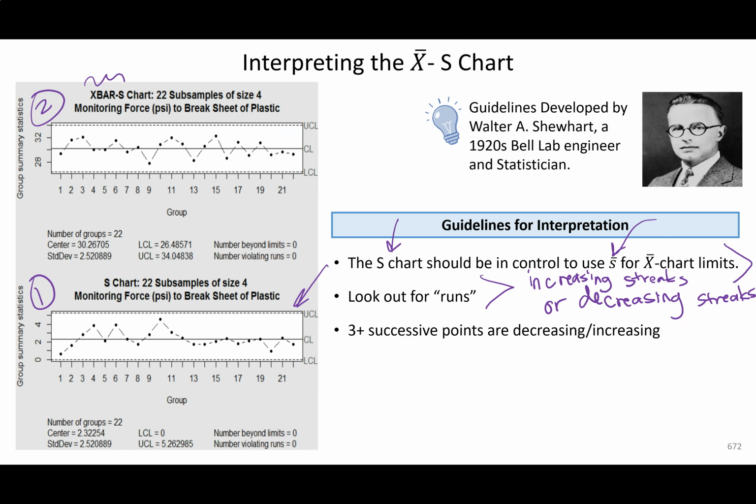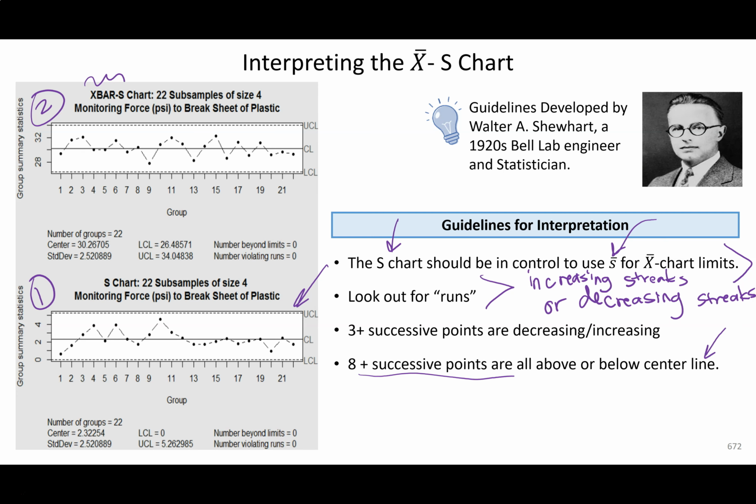So absolutely, if you have 3 or more successive points that are increasing or decreasing, remember not to necessarily count the points of inflection where it's changing. So I'm increasing, that's 2, decreasing, that's 2. That would be something. 8 or more successive points that are above or below. So absolutely, if we have a lot of points that are above all of a sudden or below, it indicates that maybe the process has shifted up or down.